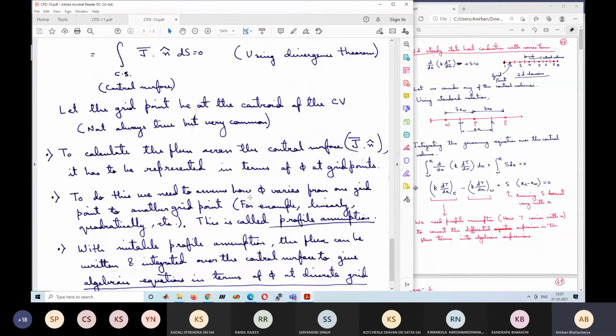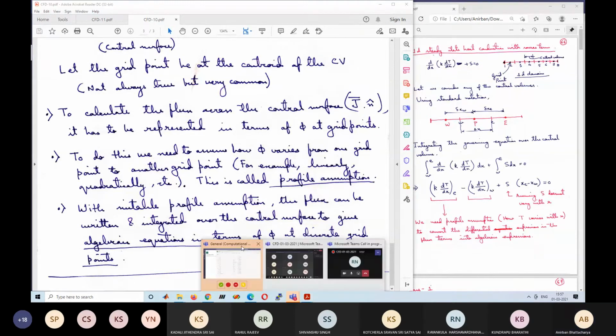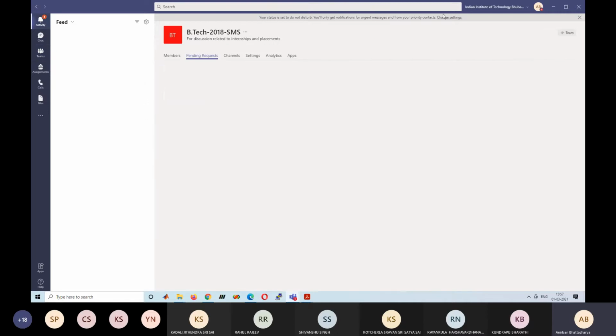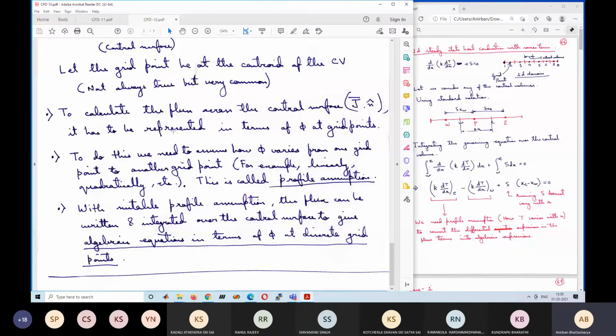Okay, so again, this language may create confusion to you, but if you revisit this part after going through a few classes on finite volume method, you will see what are the meanings of these points.